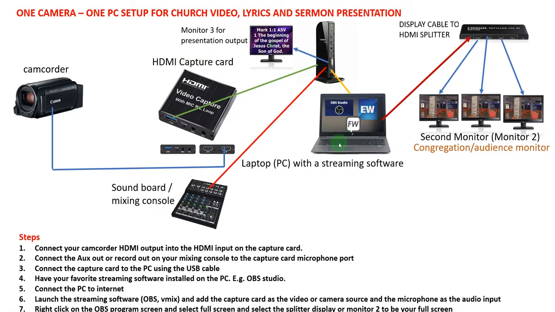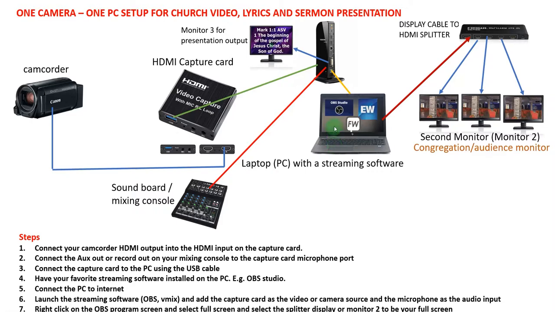So this is my PC. When I'm done, I will show you the specification of my PC. You need to know that your PC has to be a powerful machine, or it should be a high performing laptop. Even if it's a desktop, that is fine. But for the purpose of this tutorial, I'm demonstrating using a laptop.